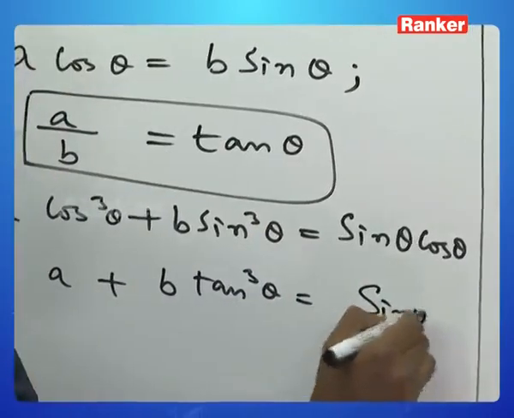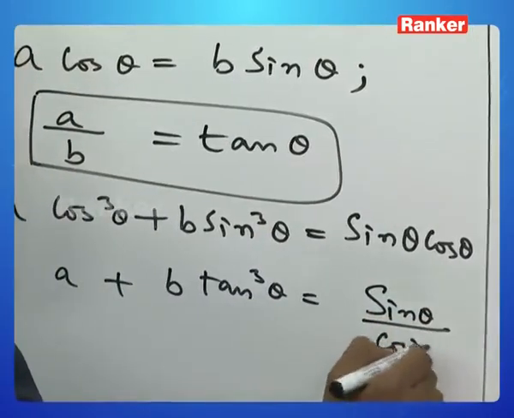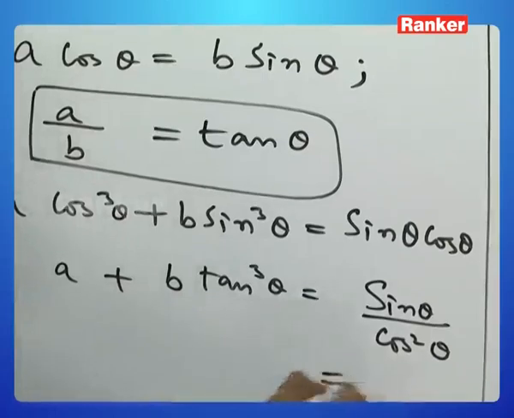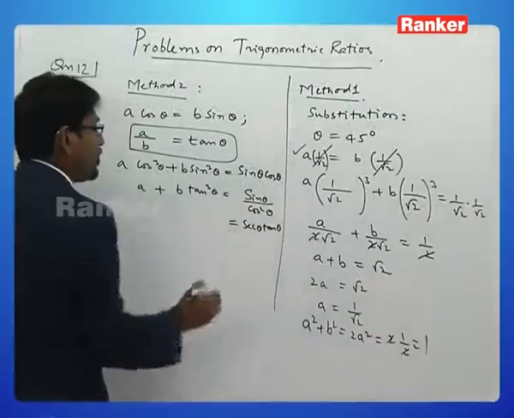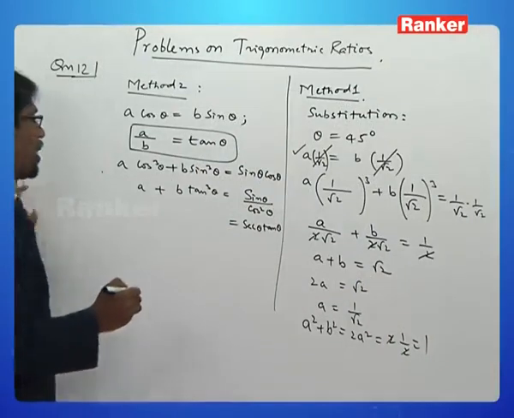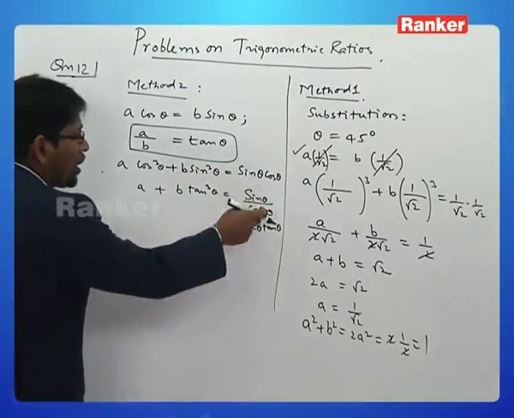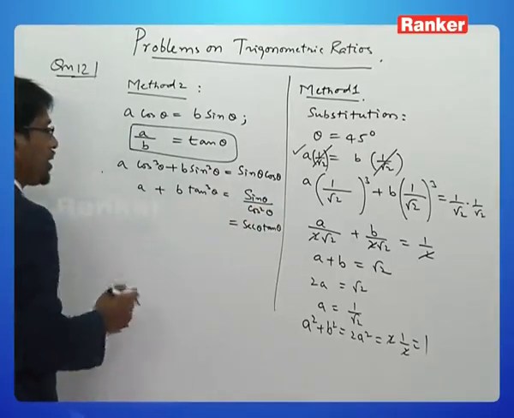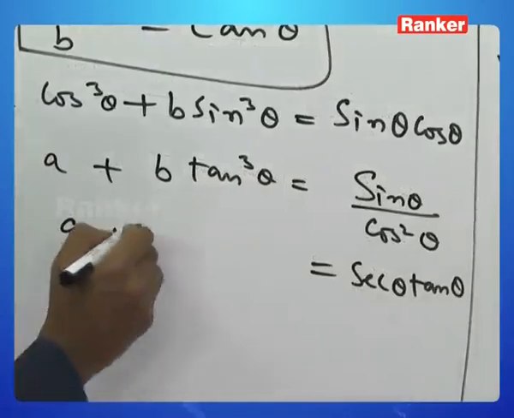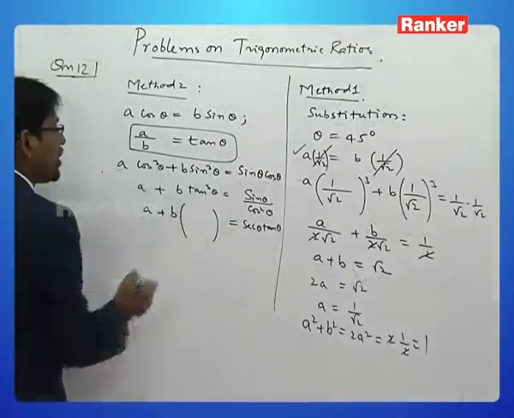That makes it sin theta by cos square theta. So this further we can write in the form of secant theta tan theta. Because sin theta by cos theta will be tan theta, and 1 by cos theta will be secant theta. So A plus B tan cube theta is equal to secant theta tan theta.